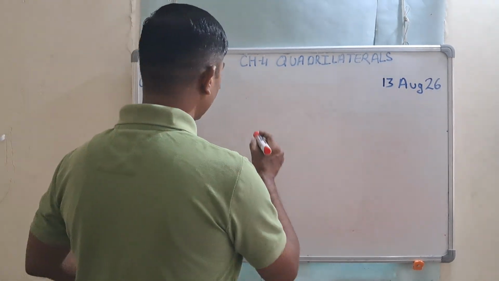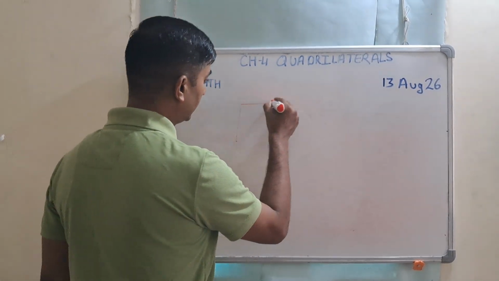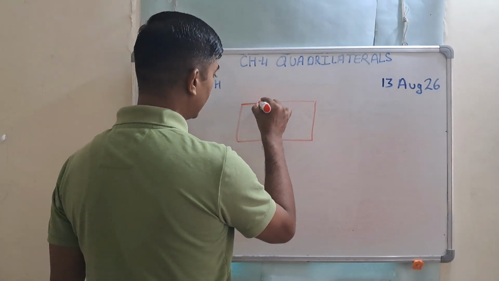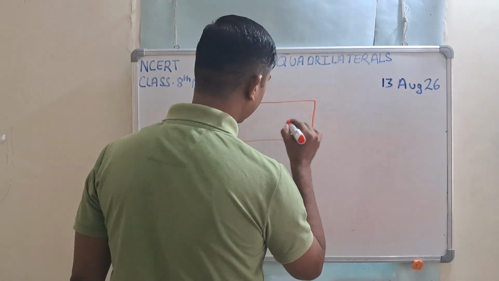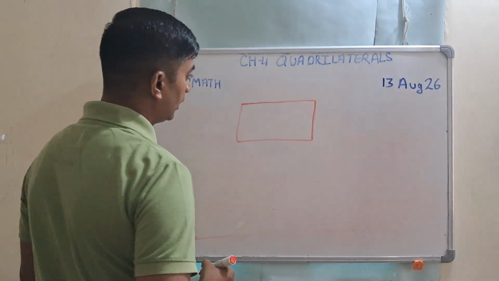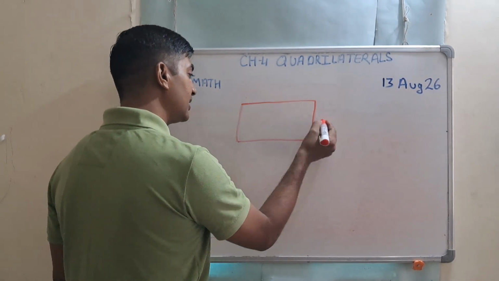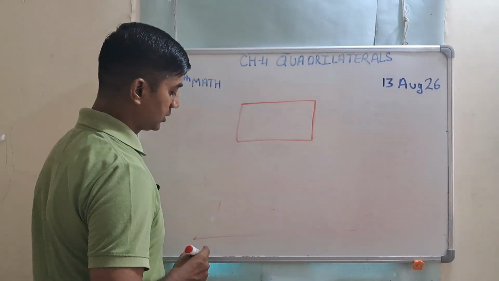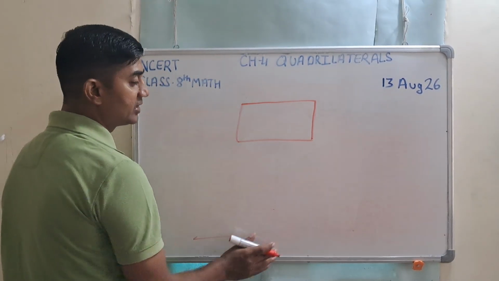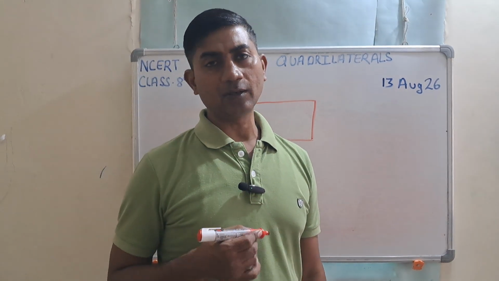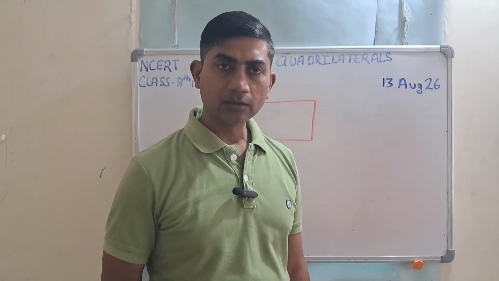when we were studying the figure rectangle, we came to know that this is a rectangle. We came to know that its opposite sides are parallel. Understood? So can we say that a quadrilateral having opposite sides parallel is a rectangle?